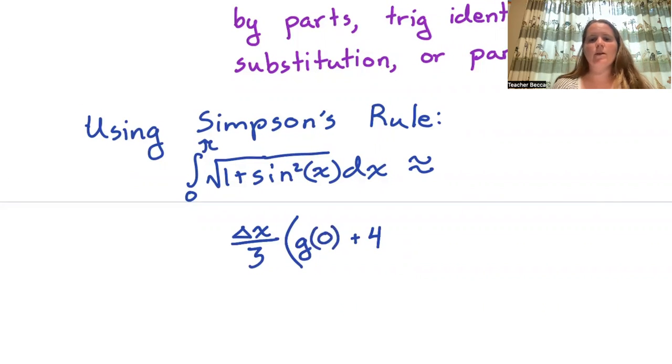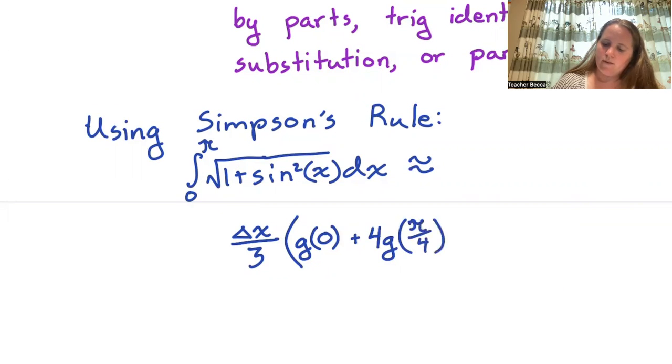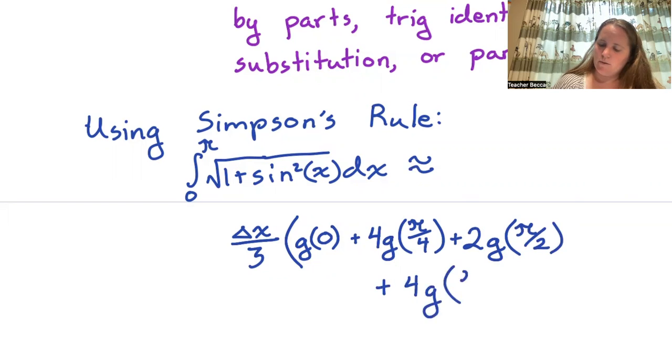plus 4 times g of x1, which will be pi over 4, plus 2 times g of pi over 2 plus 4 times g of 3 pi over 4 plus g of pi.